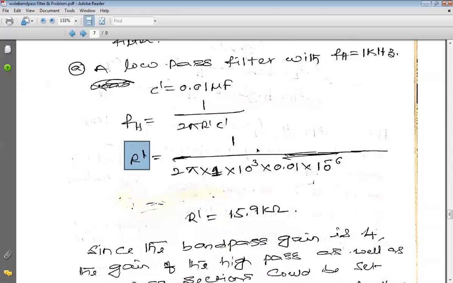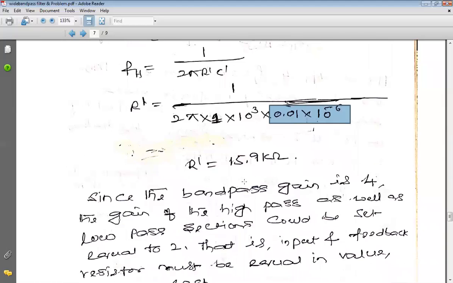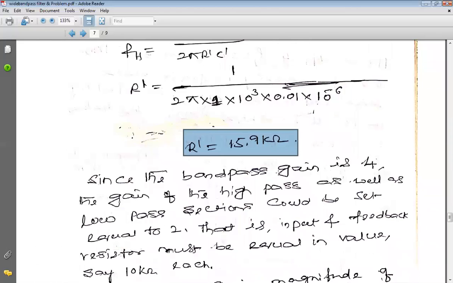Therefore, 1 divided by 2 pi into fH, which is 1 kilohertz, 1 into 10 raised to 3, into C dash, which is 0.01 into 10 raised to minus 6. I am going to get the R dash value as 15.9 kilo ohms.